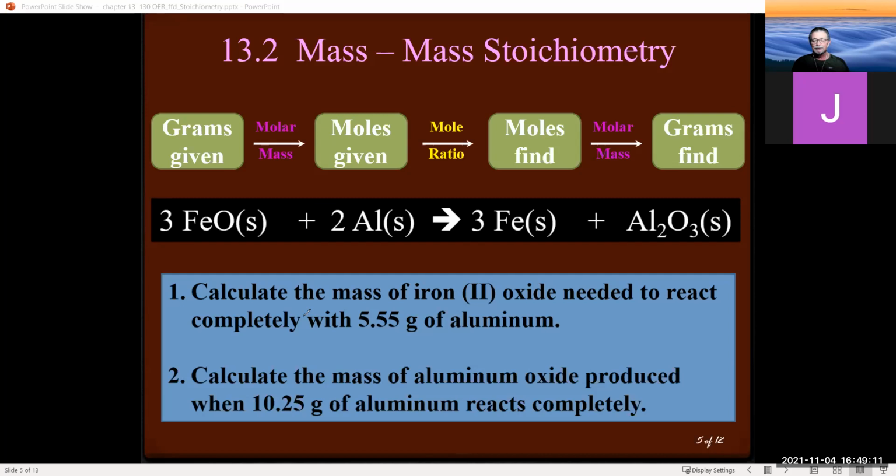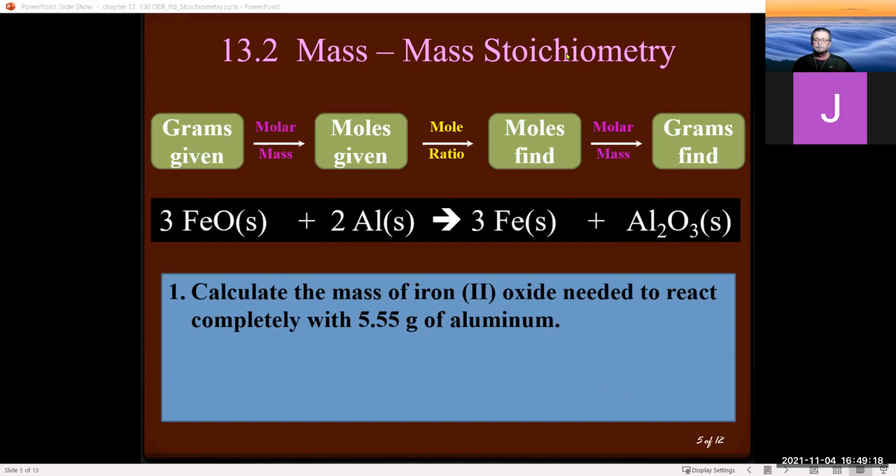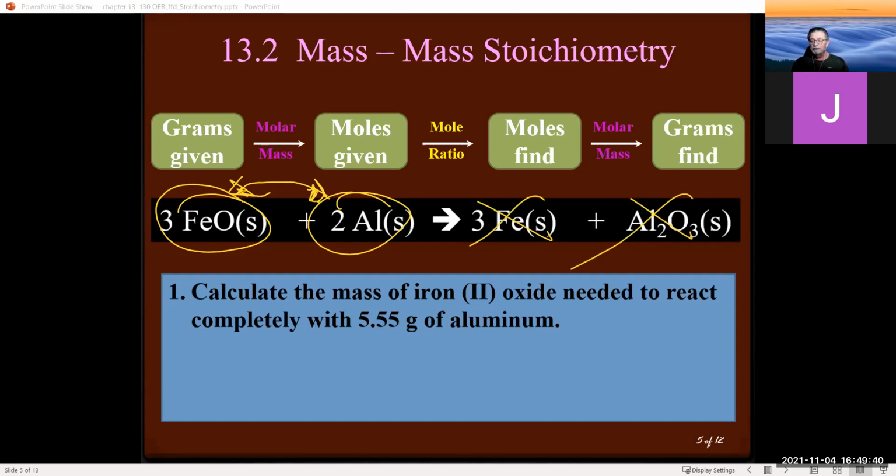Let me back it up so we're not looking at the second question here. Calculate the mass of iron 2 oxide, which is this guy, needed to react completely with 5.5 grams of aluminum. So our interaction is between these 2. We don't really care about what's going on elsewhere. We're only concerned about what the problem asks.